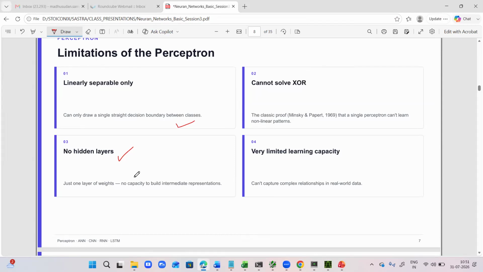There is only one layer, so the capability of this particular neural network to understand and make decisions is limited. Of course it cannot, for example, understand non-linear patterns that might exist in the data. So basically you can say that higher order thinking, to put it simply, is missing. It can't really learn and then predict.